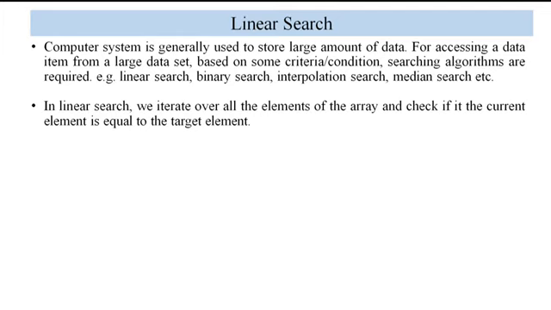Linear search is very simple, and in this method we iterate over all the elements of the list starting from the first location till the last. Either we get the desired element or we do not find it if it is not available in the list. I would like to explain it with the help of an example.